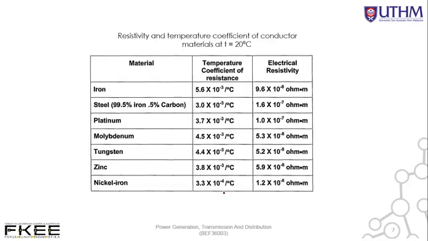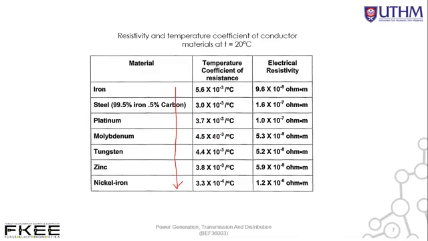This table shows the resistivity and temperature coefficient of conductor materials at T equals 20 degrees Celsius for various materials: iron, steel, platinum, molybdenum, tungsten, zinc, and nickel iron.